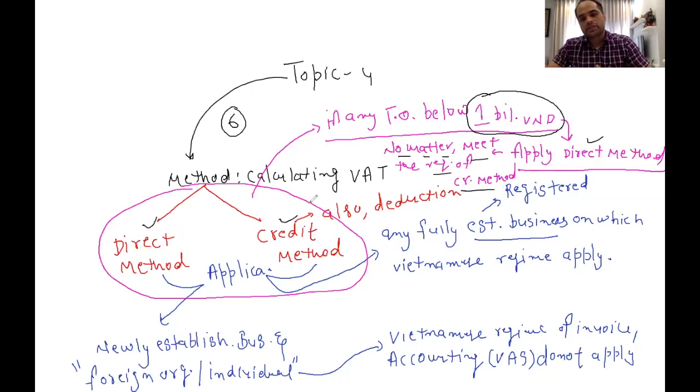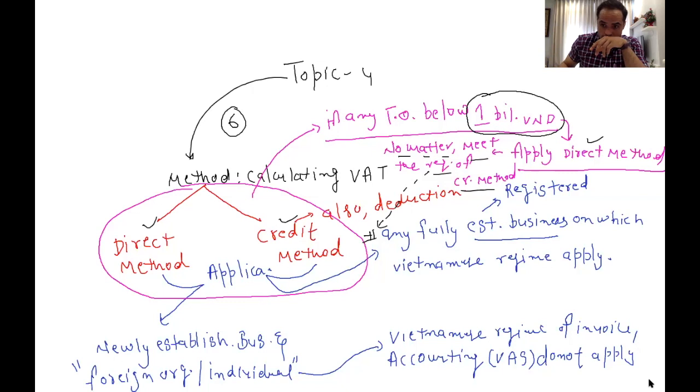Even though that kind of business meets the requirements, we still apply the direct method in that particular situation, right? So that's all about the exemptions to apply the direct method.